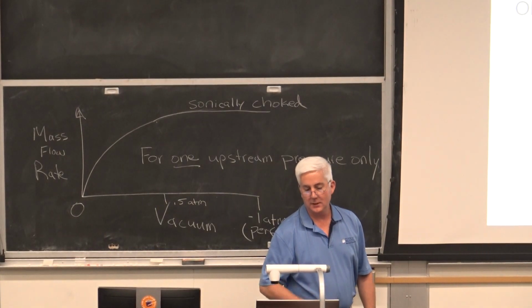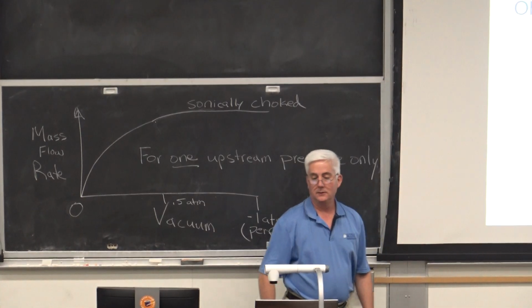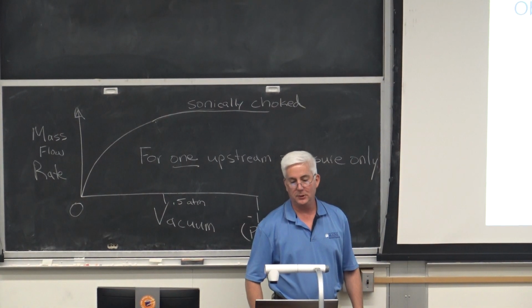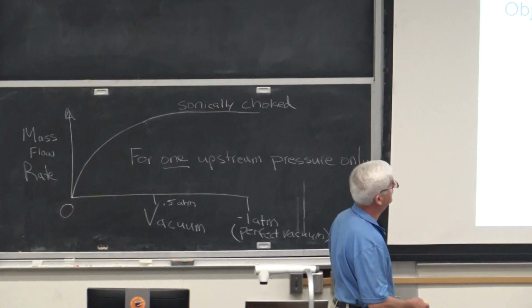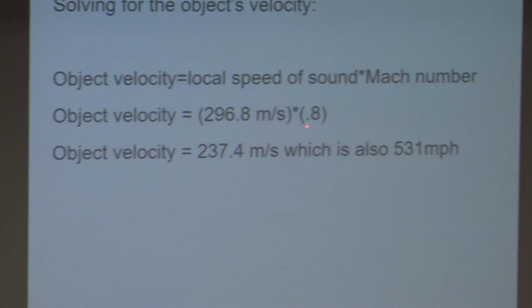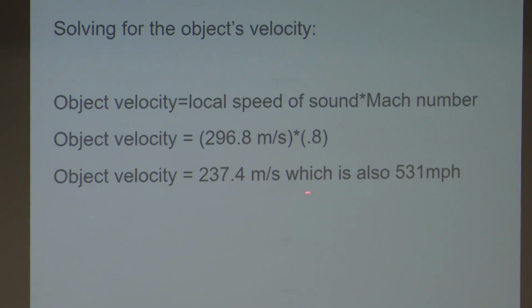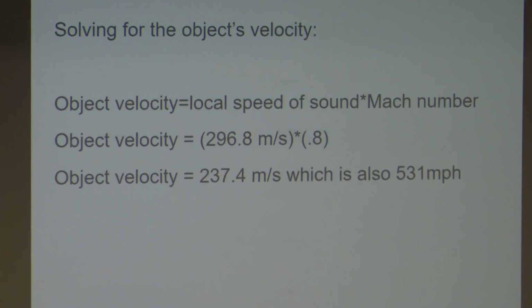So that's the speed of sound. Then to get the object's velocity, we're going to take the local speed of sound times the Mach number. So 296.8 meters a second times 0.8. Object's velocity is 237.4 meters a second, or 531 miles an hour.